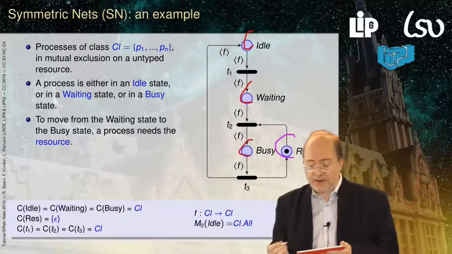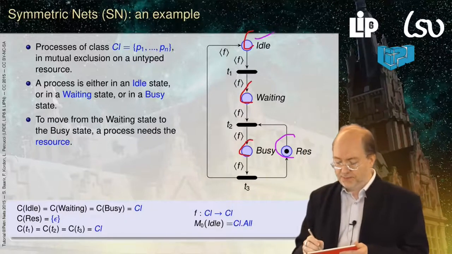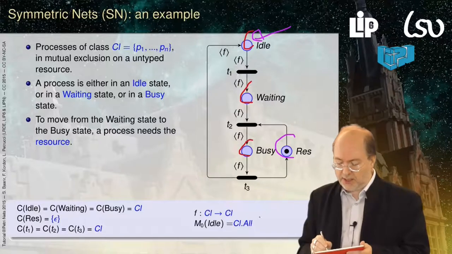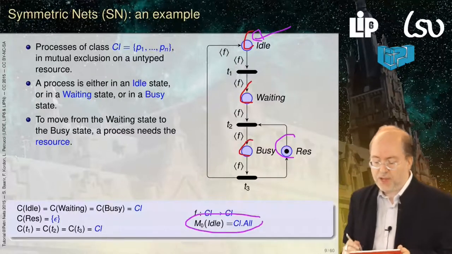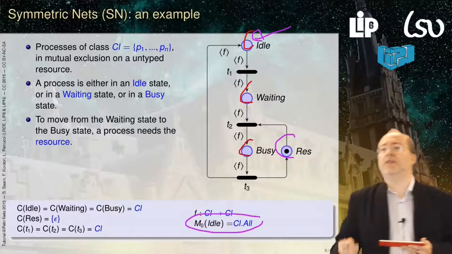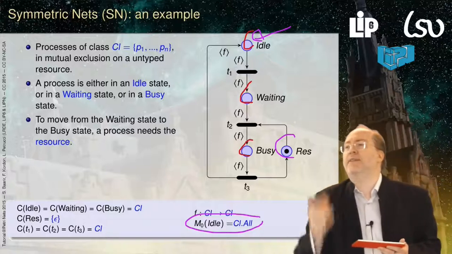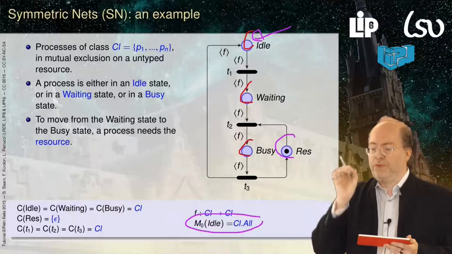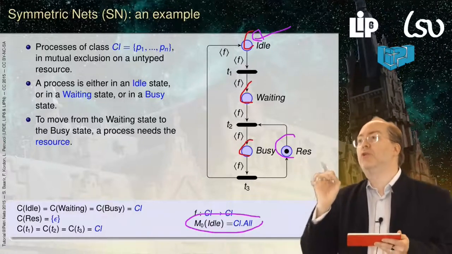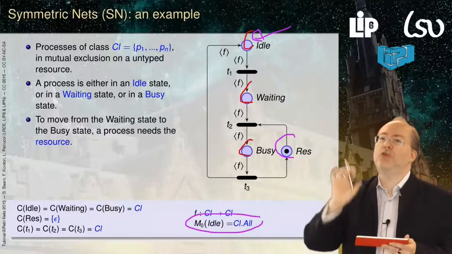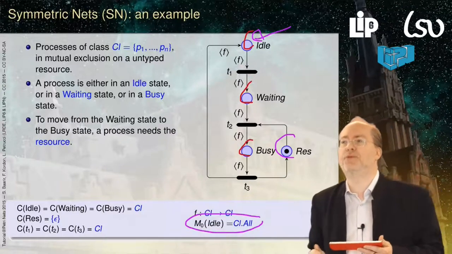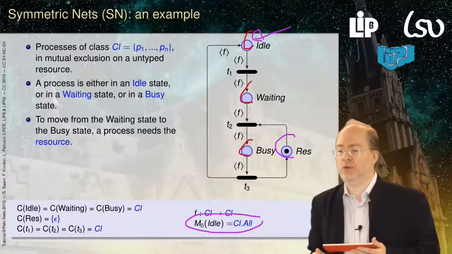So what does it mean? It means that here in idle, I will have an initial marking. This initial marking is here a static function. This static function called all, applied to a color domain, will generate one token per possible value in the color class.